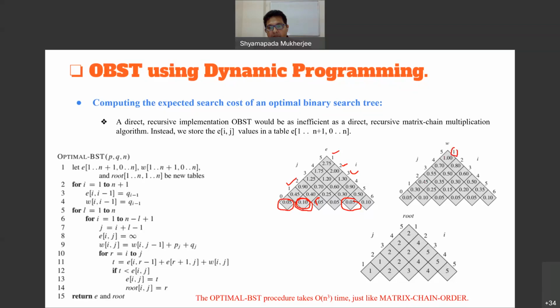Okay, 2 to 2, if we want to calculate 2 to 2, what will we take? We will take this one and this one. So it will give you 0.10, 0.05 plus this one. In this way we can calculate any entry. If we want to calculate the optimal, we will take 1.75 and 2.00 plus this one.